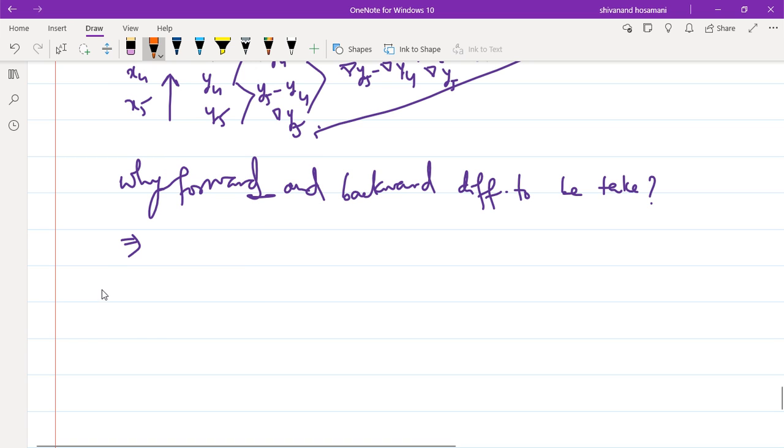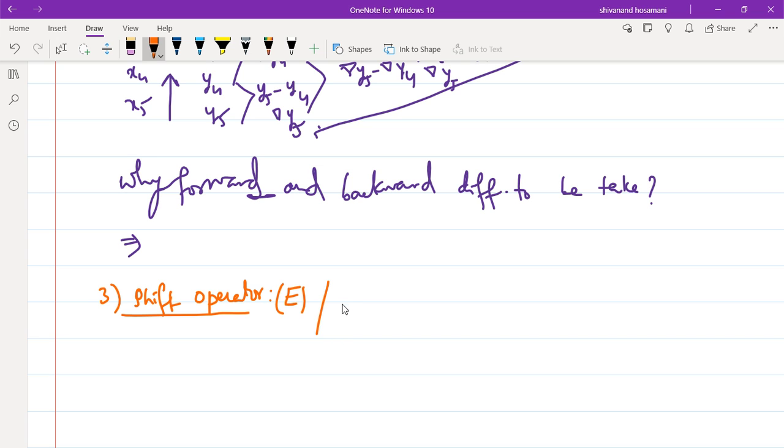So this is the third operator. It is called the shift operator, and it is denoted by the letter E. Sometimes we call this shift operator the displacement operator, or the translation operator.